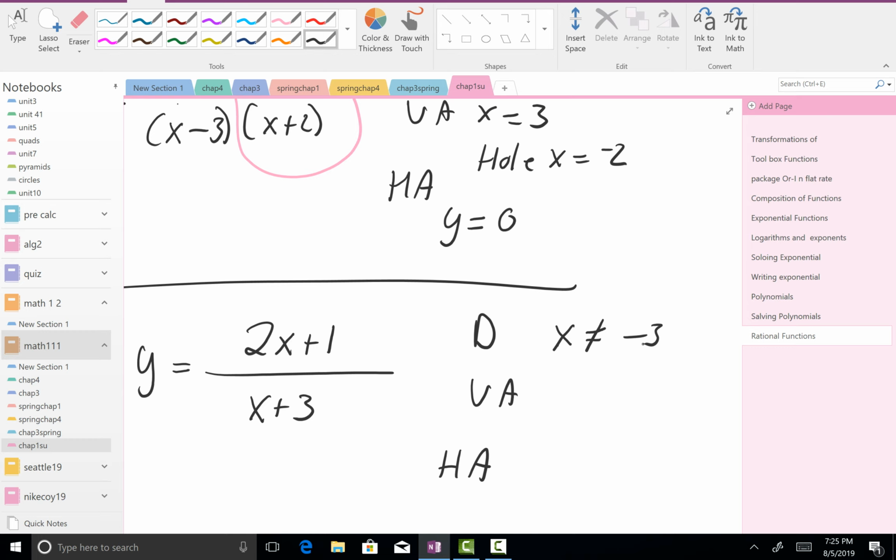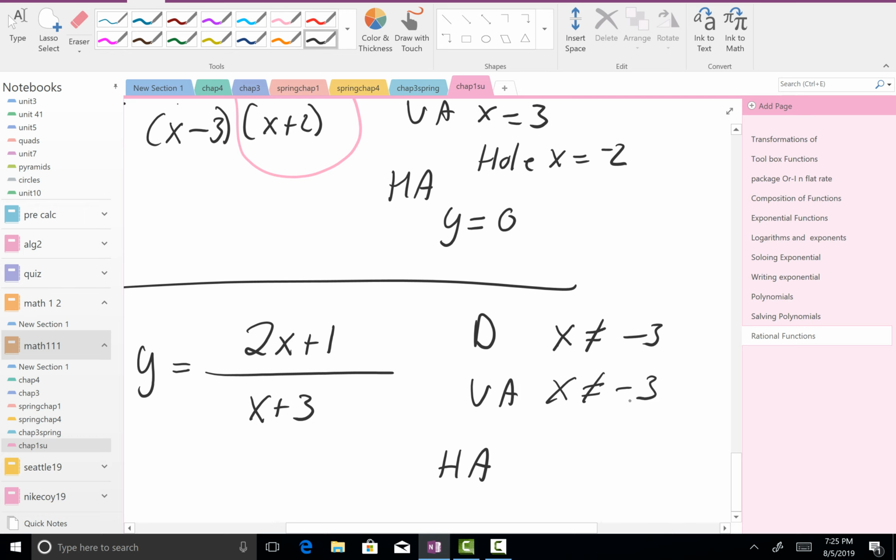This should come a little quicker. But is it a vertical asymptote or is it a hole? Vertical asymptote. These things got to be the same. They're not even close. So it's not a hole. It's got to be a vertical asymptote. So then we write down here, vertical asymptote, -3. Sweet.